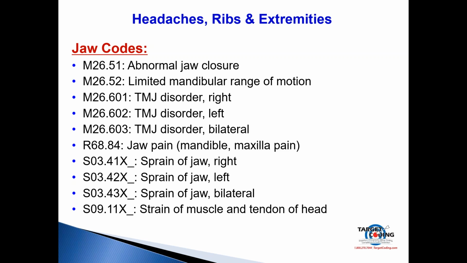M26.51, that's abnormal jaw closure. M26.52, limited mandibular range of motion. 601, temporomandibular joint disorder on the right side. We have two, right? So we have TMJ disorder on the left, that's 602, and if the patient has bilateral TMJ disorder, that's M26.603.